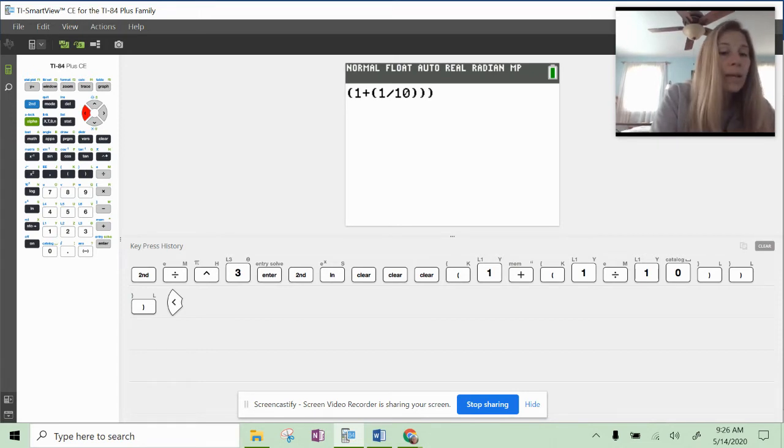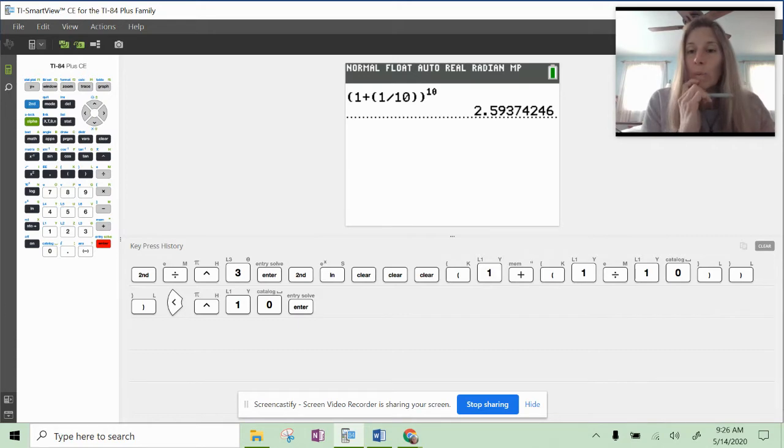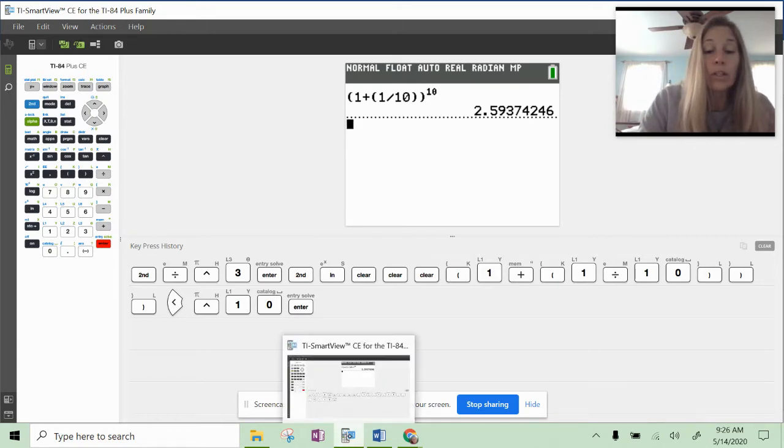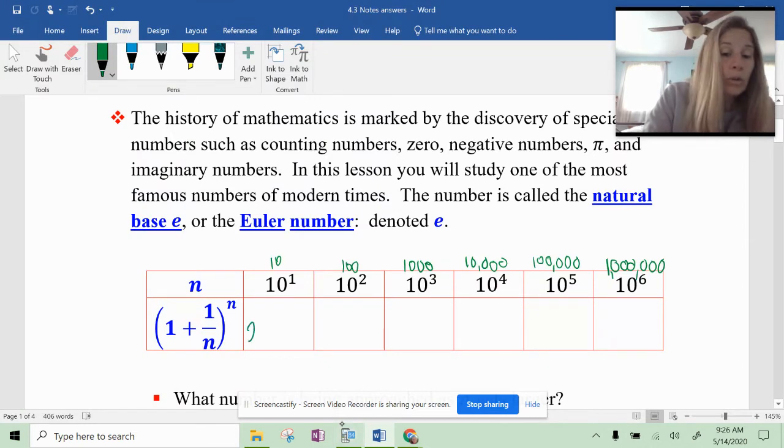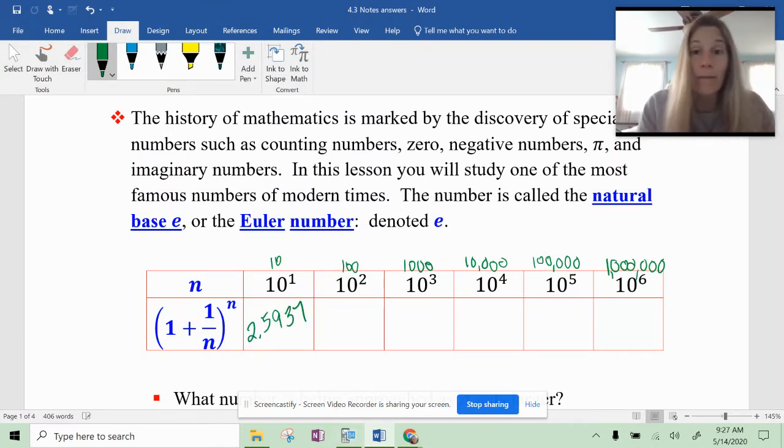And then you're going to raise that to the 10. And we're going to get 2.5937. Let's just carry it out about 4 digits for now. So it was 2.5937.